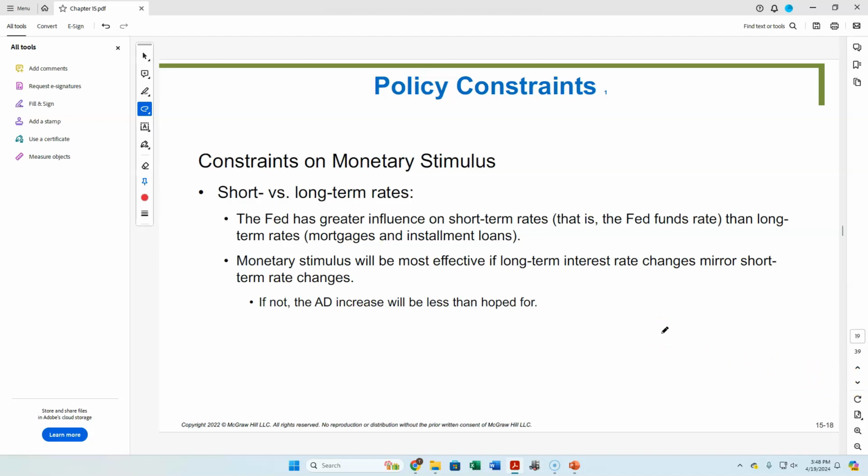One of the things that became increasingly apparent to economists, especially after the 2008-2009 crisis, is what do you do when you've decreased the interest rate all the way down to zero? Like what else can you do to stimulate the economy?